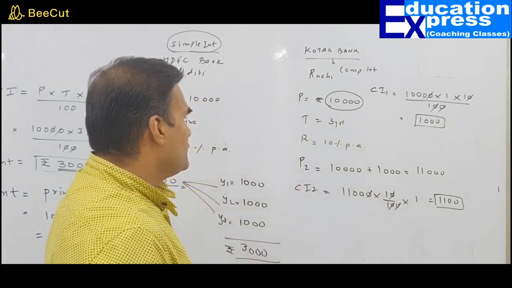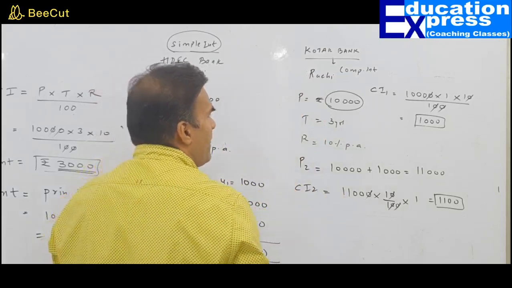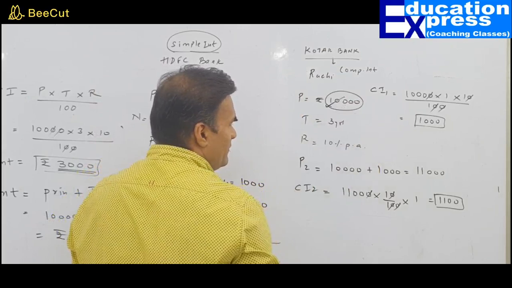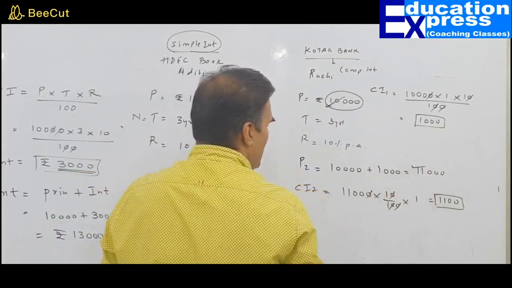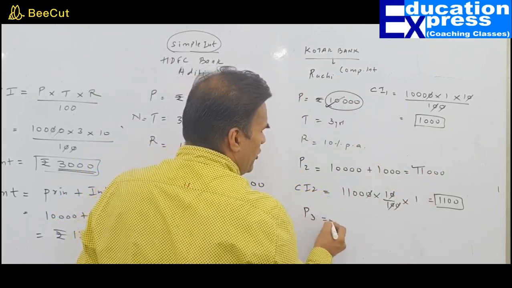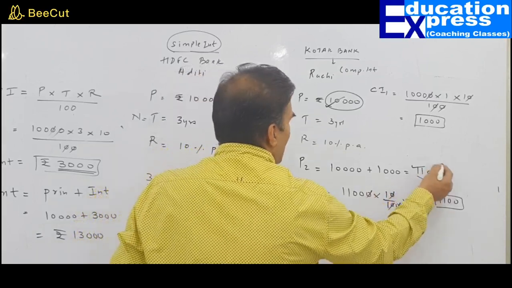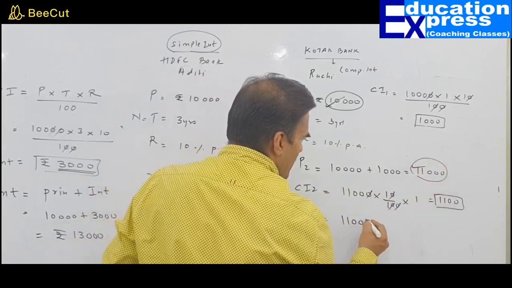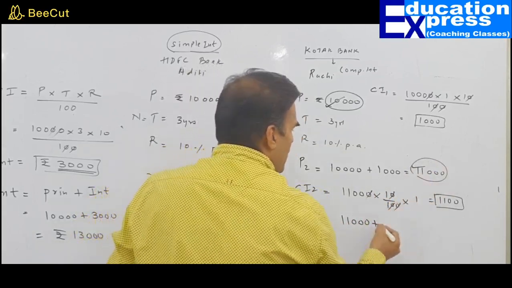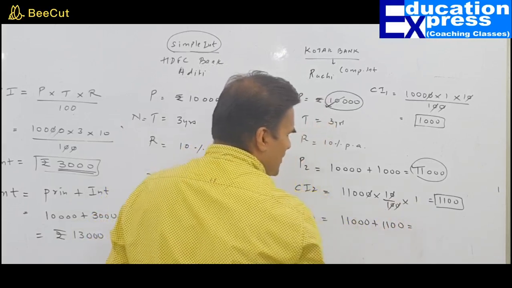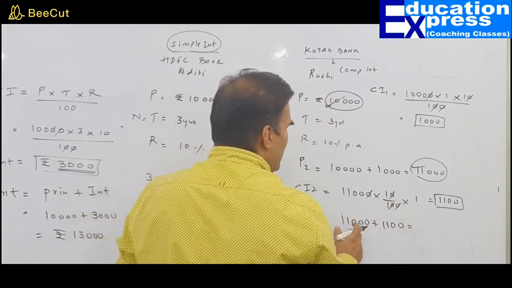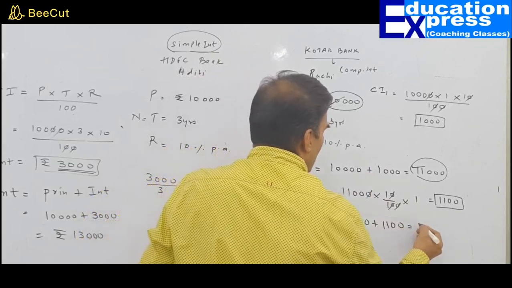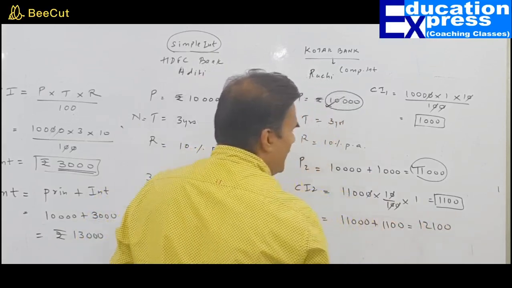Wow. That means, sir, I started with 10, which became 11, and now the principal for the third year would be: I started with 11 in the previous year, and I earned 1100 rupees as interest. So my total principal for the third year will be 12,100.